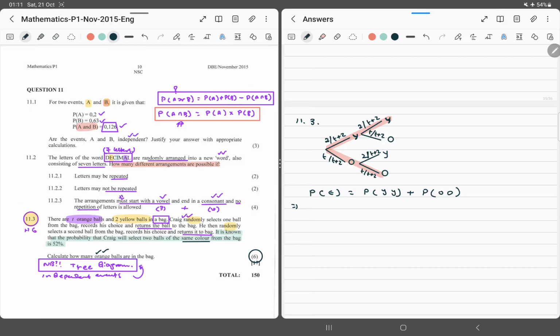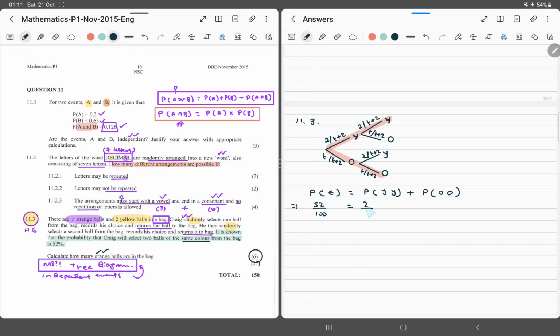Okay, so now that you've set up a nice equation, this is why this is higher grade. You have to find your way around. So 52% is basically 52 over 100, which is equal to the probabilities. Now you just simply multiply.